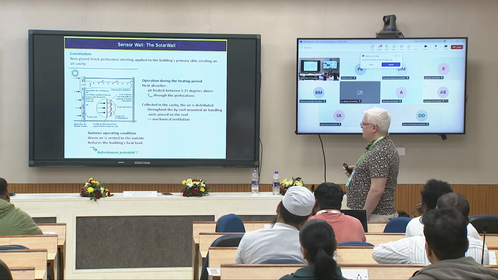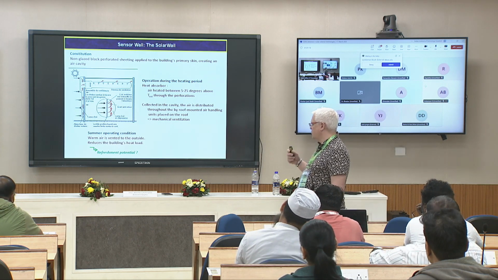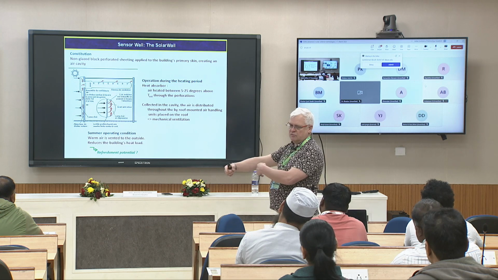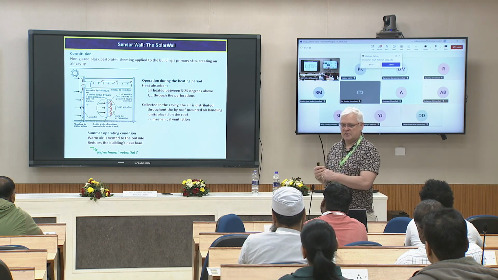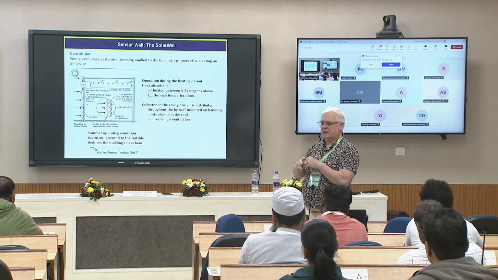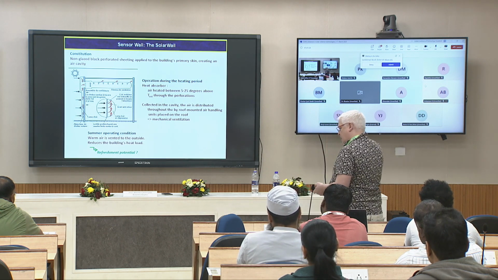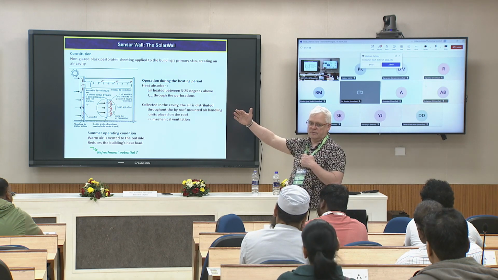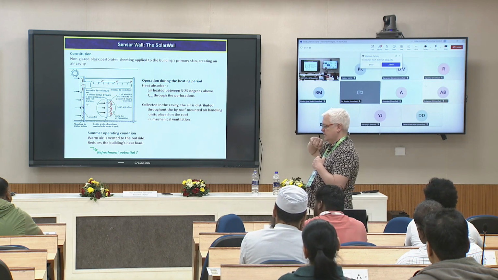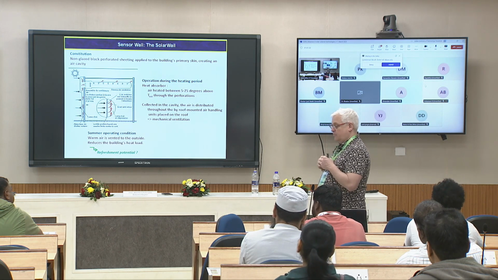There was some attempt about such a collector to use it in a reverse way during the night in summertime and to enhance the radiation exchange with the celestial vault.